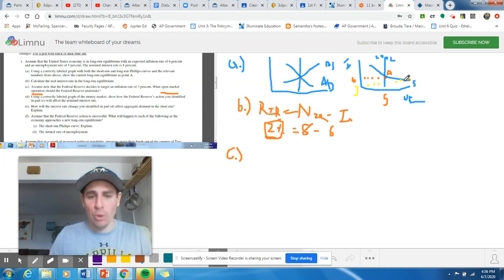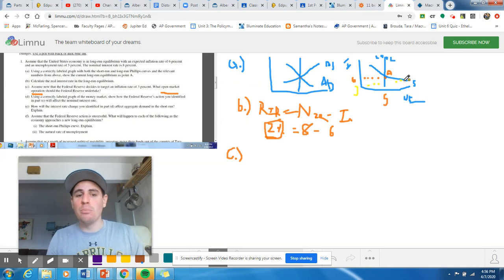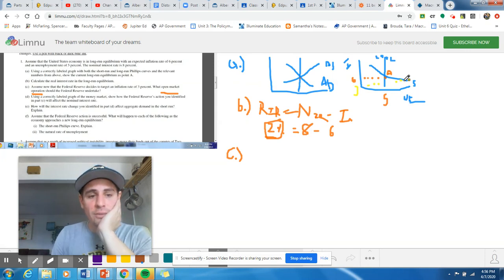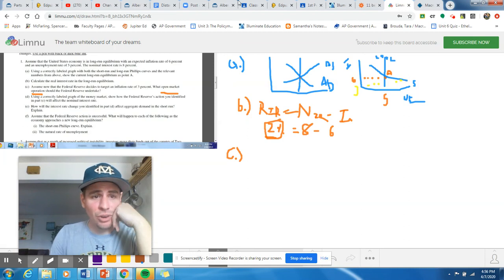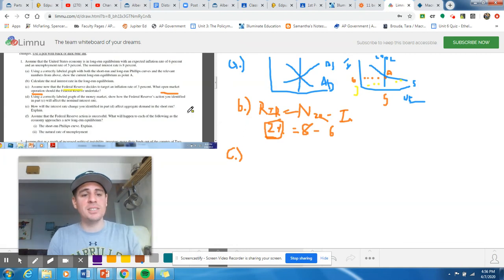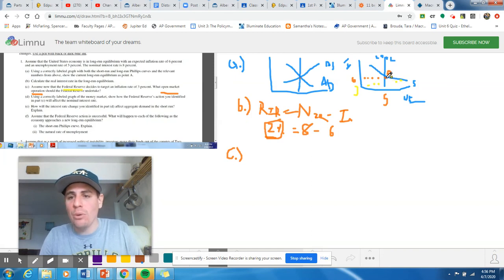Well, remember, if it's movement along the curve, it's a result of an aggregate demand change. You should also note that open market operations is the Federal Reserve, it's monetary policy. Monetary policy is going to affect AD or AS. It is AD. So you're going to get movement on the curve. Well, how do we get movement to the right? It's because it's an aggregate demand shift to the left.